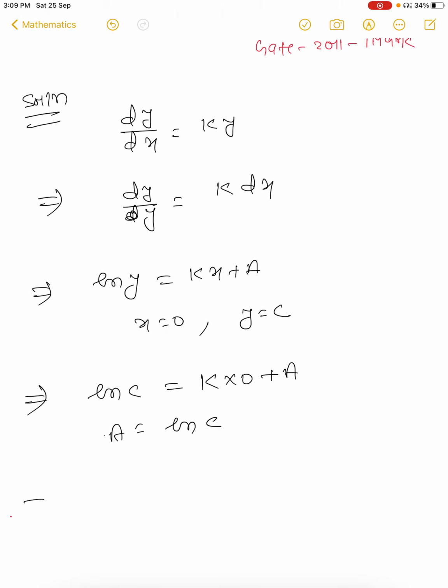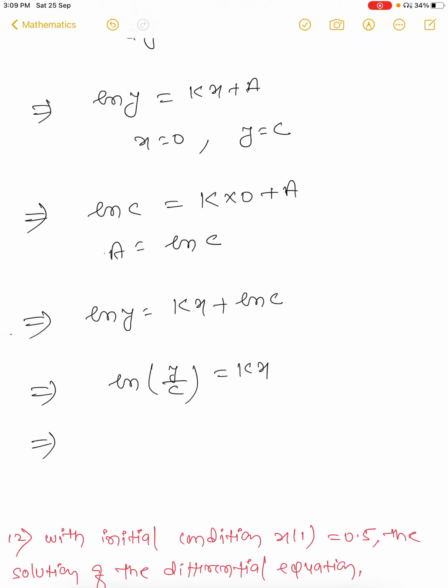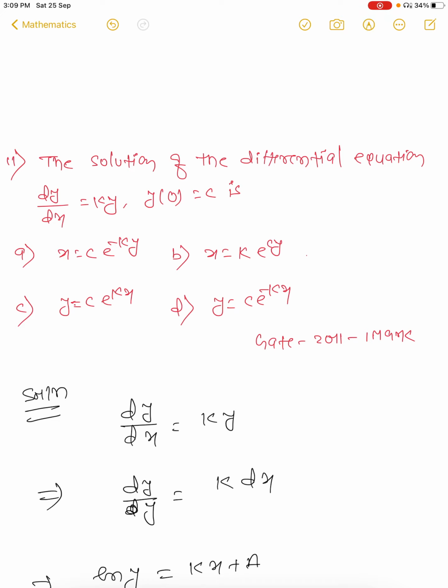So from the equation, ln y is equal to kx plus ln c, and here ln(y/c) is equal to kx, and removing the logarithm, y/c is equal to e^(kx), or y is equal to c e^(kx). So the right answer will be y is equal to c e^(kx), option C.